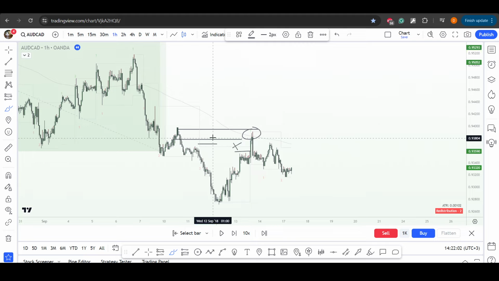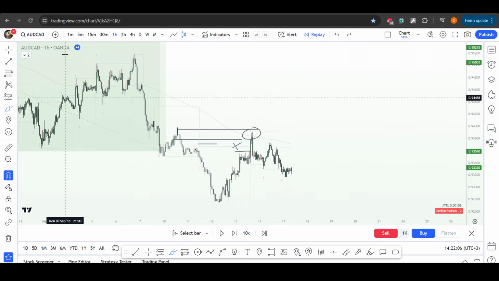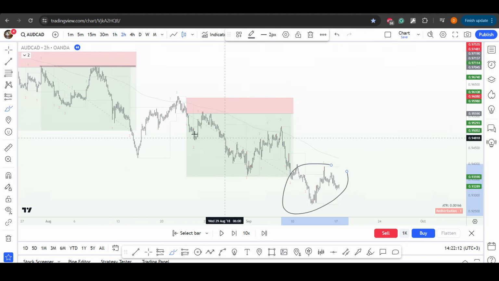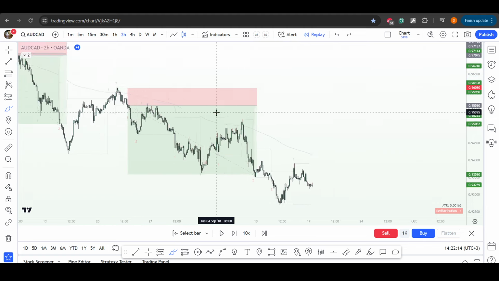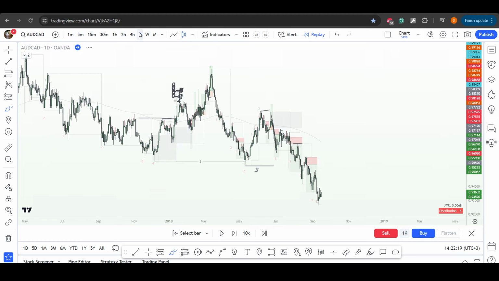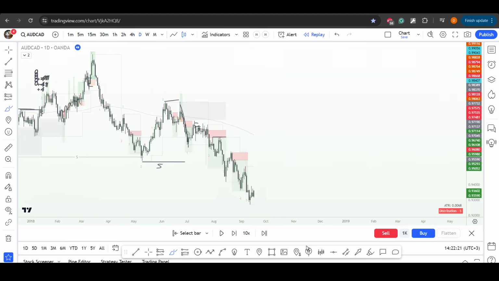Everything here is cleaned, and we have impulse, correction, possible new impulse. Do I want to enter here? If this exact setup was like here, it would be great, but now we are so extended, I'm not sure if we will have anything for us. I will just wait for some tap into this zone at least.